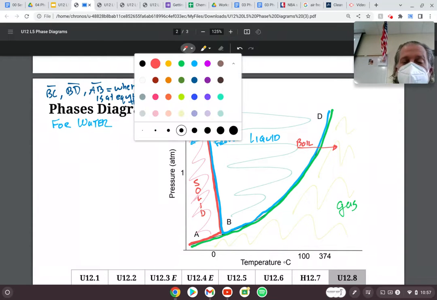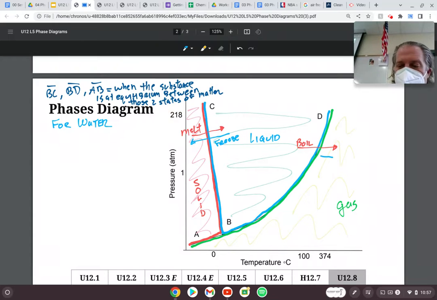Going across from left to right is a boil, and going from right to left we would say is a condense. Sorry, I misspoke.